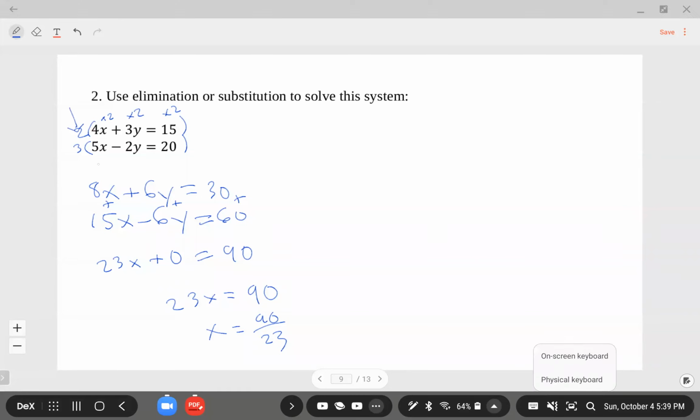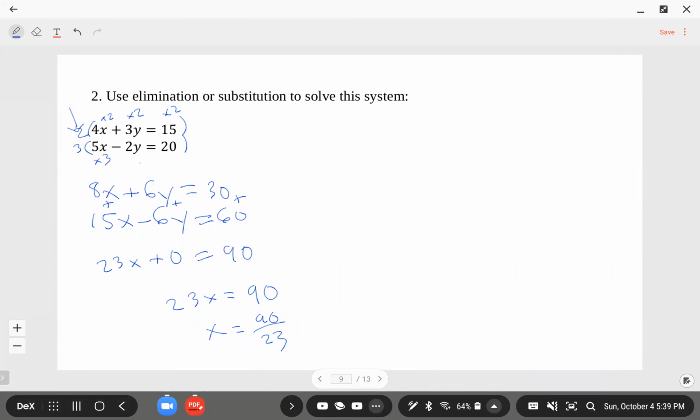Okay, next equation, multiply everything by 3. 5x by 3, negative 2y times 3, 20 times 3. That's how we get 60, right? So that's how we get 30 and 60.